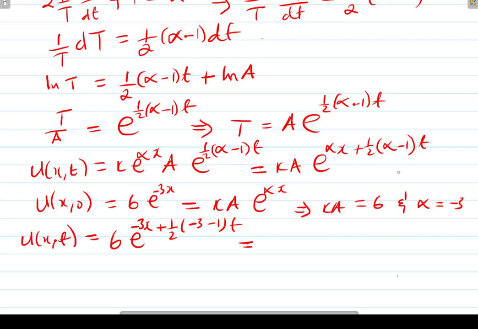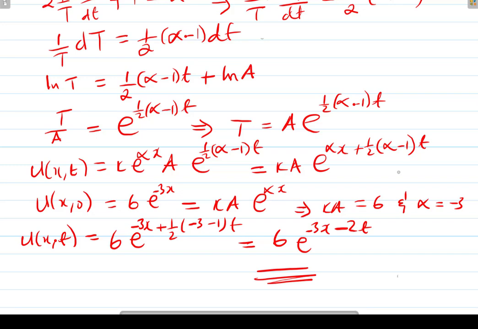And then you just simplify. You have 6 e to the minus 3x. Now this is negative 4, negative 4 divided by 2 is negative 2, so negative 2t. So that is our solution. That's all, it means you're done.